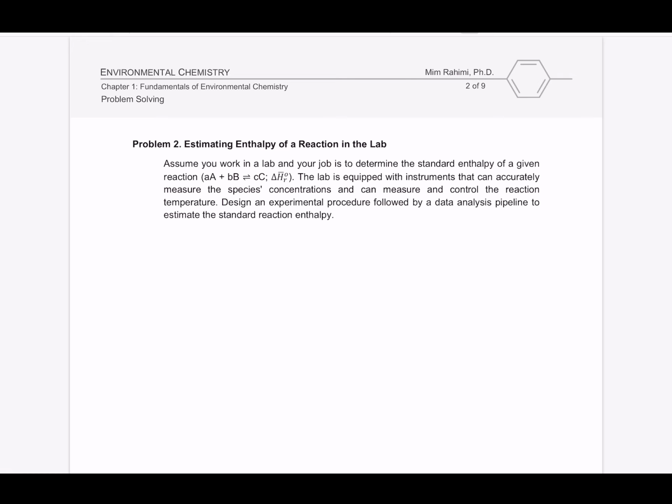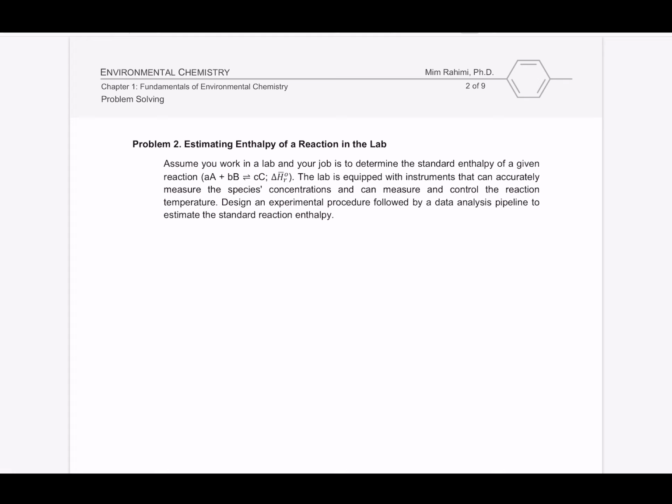So to give you an idea, what we have in the lab is an instrument that can accurately measure the species concentration. Then we also have a heating system that can measure and control the reaction temperature, applying heat and then measuring it as well. So we want to do two things: design an experimental procedure, and do data analysis. We're looking for a pipeline to eventually get delta H of this given reaction.